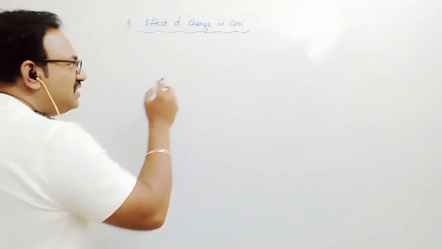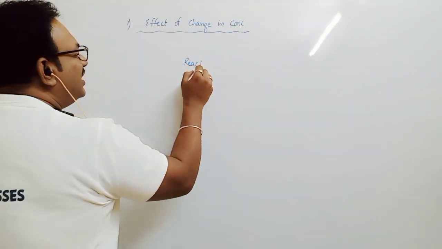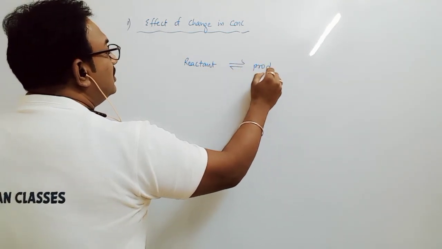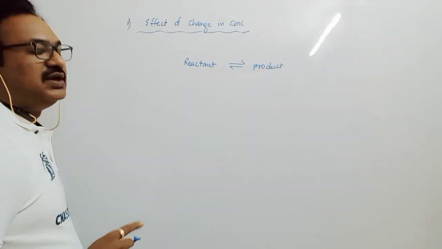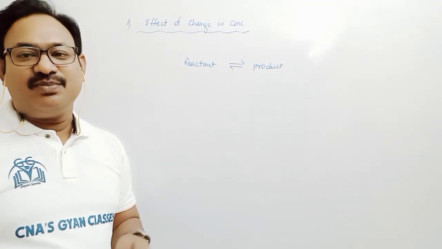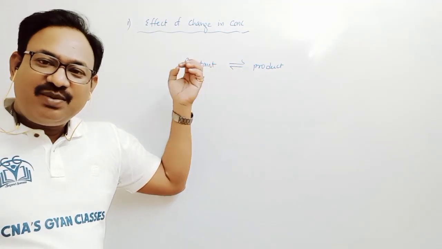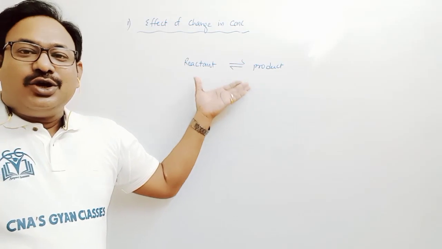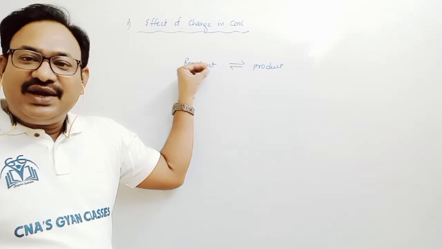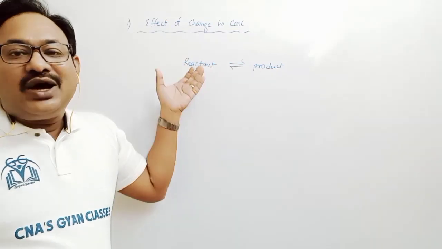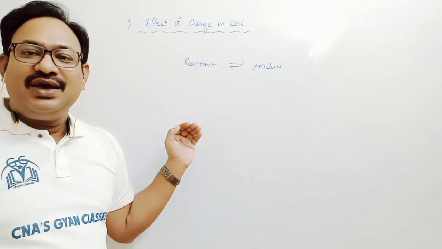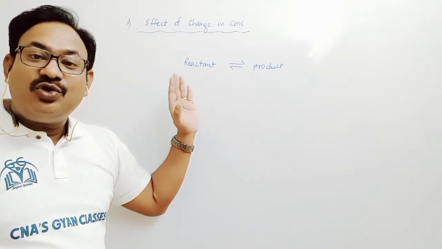See, if you consider an equilibrium like this, a reactant gives rise to product. Okay. So please remember a point. If you add reactant to the equilibrium process, already here equilibrium is established. So to this equilibrium process we added some reactants. We added a little reactant. So suddenly the reactant concentration increased. So we have to reduce it. So how will equilibrium move?